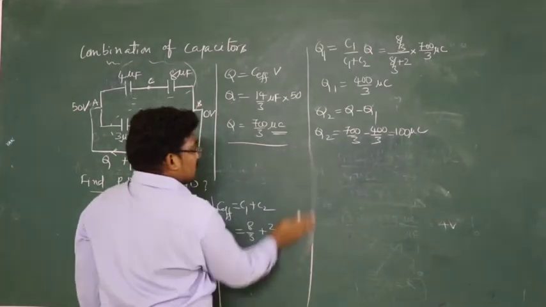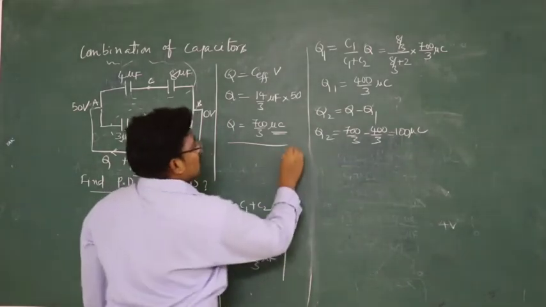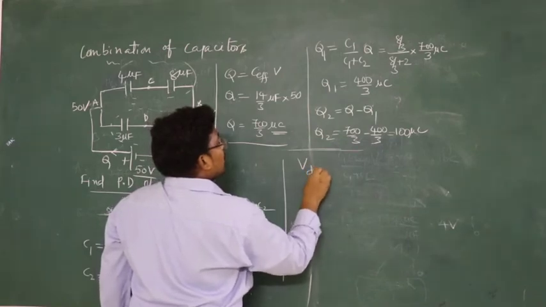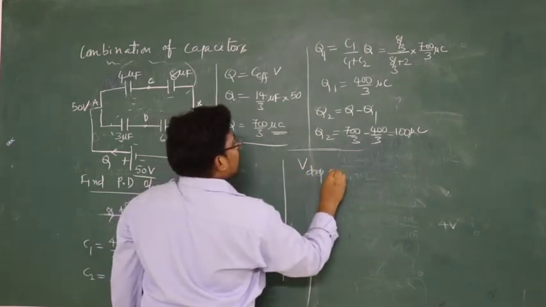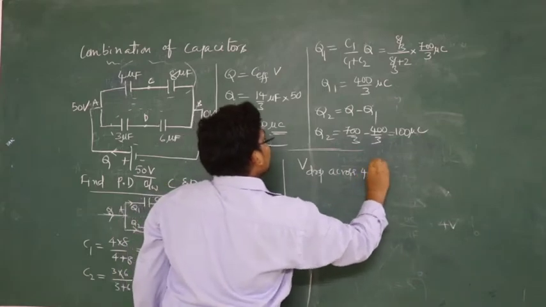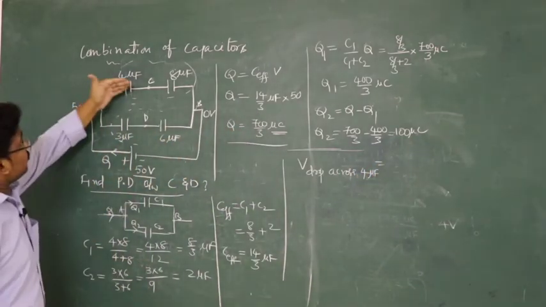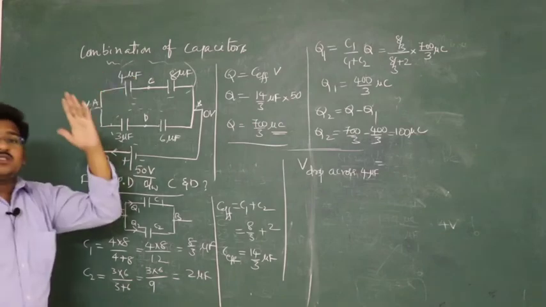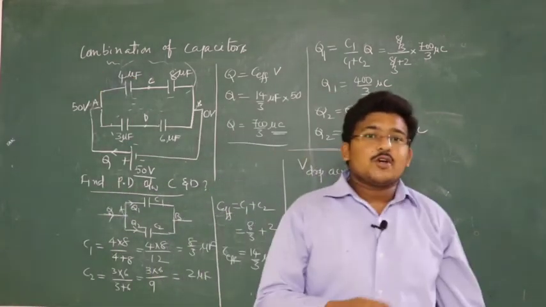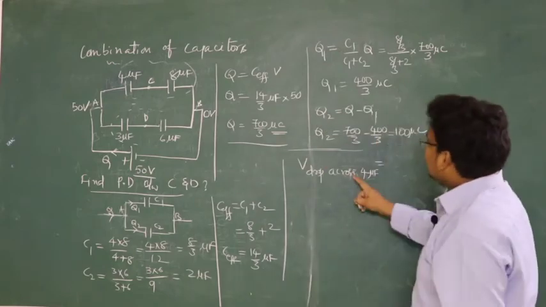Now potential drop across 4 microfarad I want. So to move the charge, how much voltage will be dropped? So we know the formula Q is equal to CV, means V is equal to Q by C. So what is the Q value?